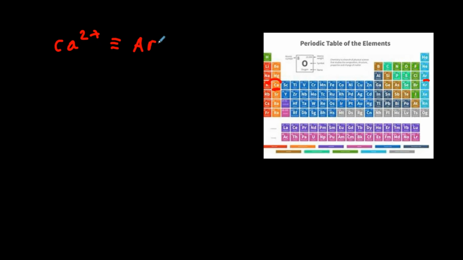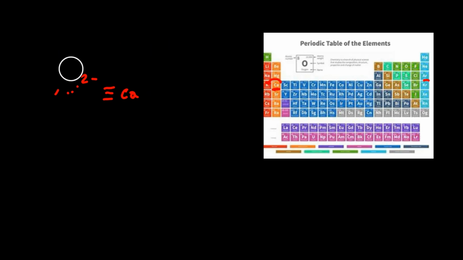And vice versa. If we have argon 2-, we'll be gaining 2 electrons, because remember, electrons are negatively charged. So if we have 2-, that means we're gaining 2 electrons. This would be equivalent to a neutral calcium atom.